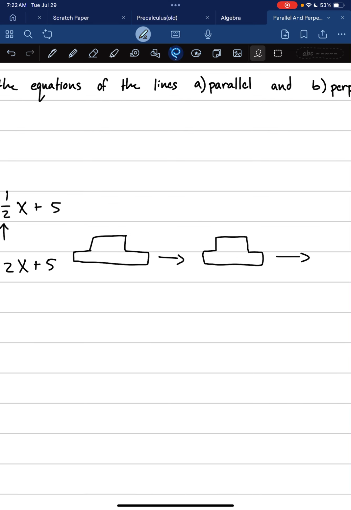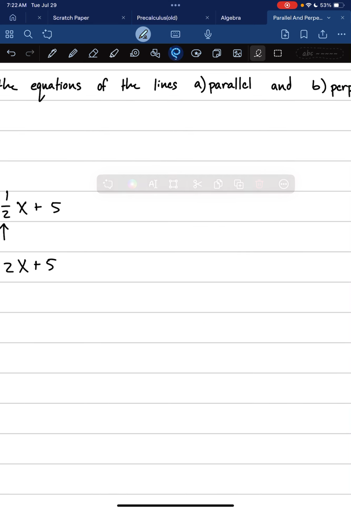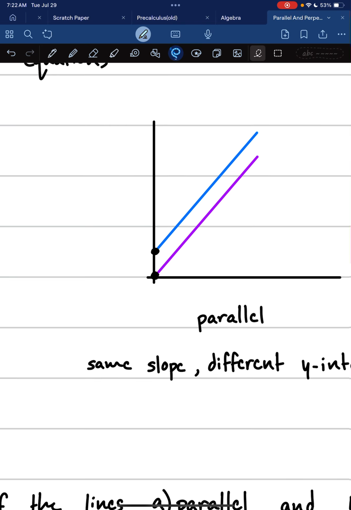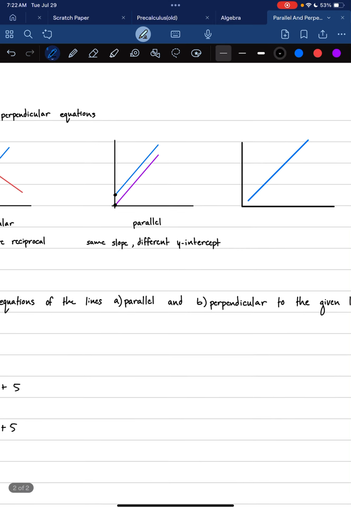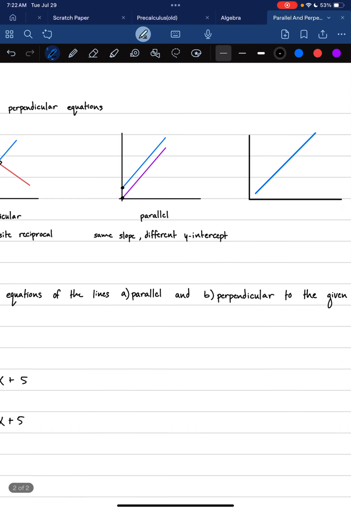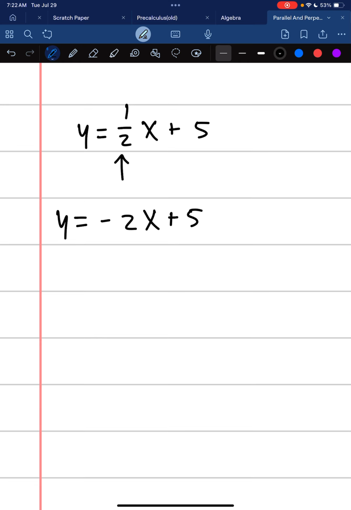You can think of parallel lines like that, because again, if your starting point is lower or different than the other one and you're increasing at the same rate, then you're never going to have these lines intersect. For parallel lines, you want to have the same slope but a different y-intercept. So if we go back to this equation here, we said that this was the equation of the line perpendicular to this one.